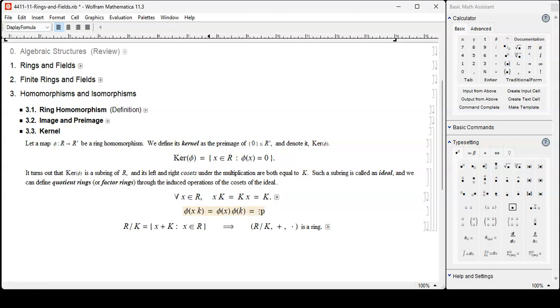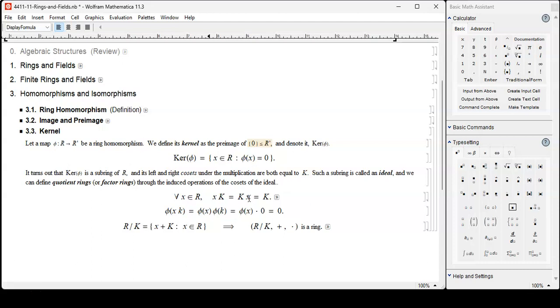And what is this? That's phi of x times 0, isn't it? And if you're a purist, you can use 0 prime for the additive identity in R prime. Anyway, it's 0. And of course, I'm not a purist, so I'll just remove the prime. All additive identity, I'll write it as 0.